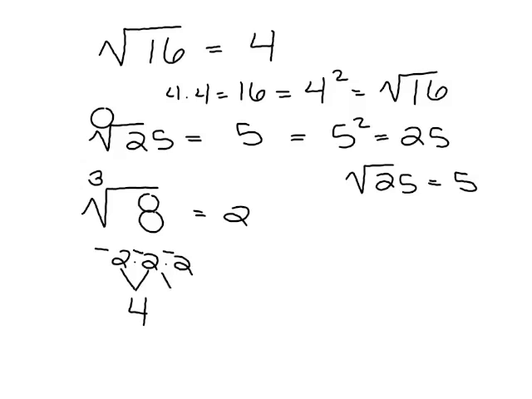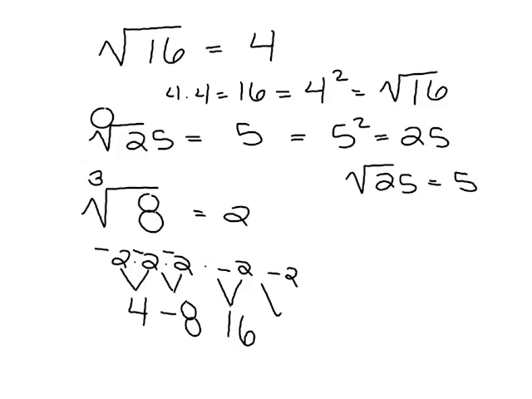Times a negative 2 is a negative 8. If I did that again, times the negative 2, 2 times 8, 16. Negative times the negative turns into a positive.